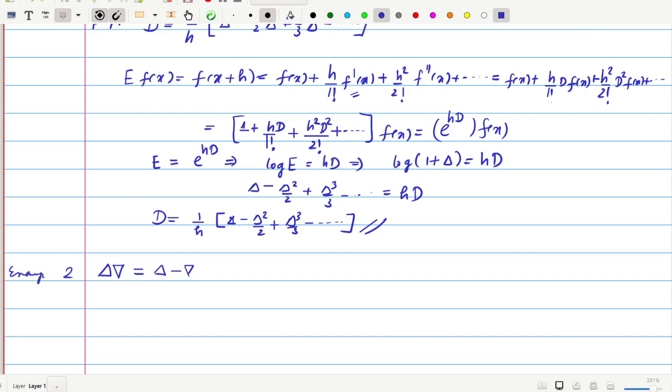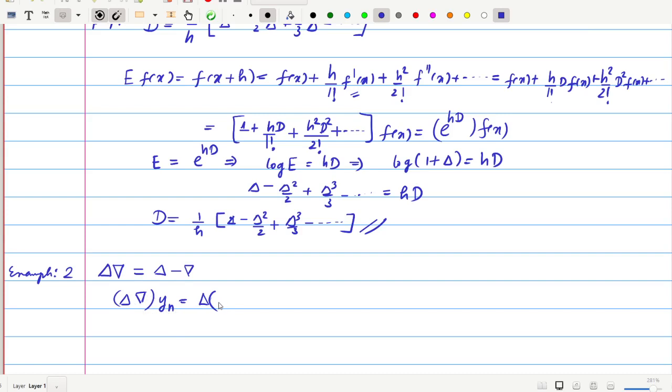There is another example. To prove this, we start with delta del of yn, or f(x). One way of proving this is to evaluate the LHS and RHS on this yn independently.